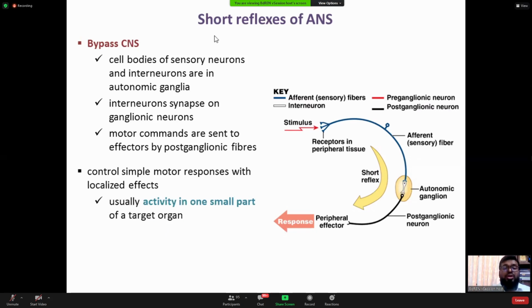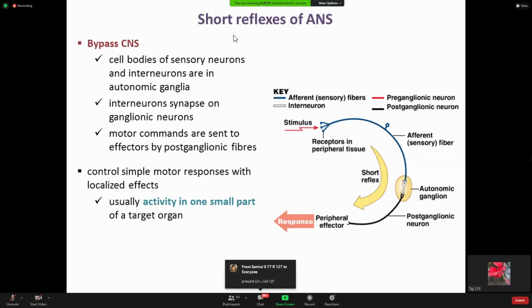That means you have given the examples of what examples a bit earlier? Gastro, some reflexes you have given the examples. Gastroduodenal. Yeah, these are actually related to one single part or small part of the total digestive tract.